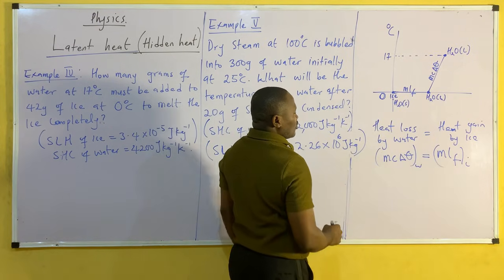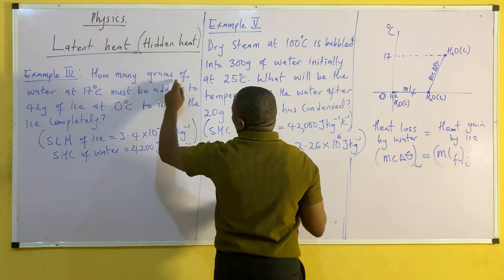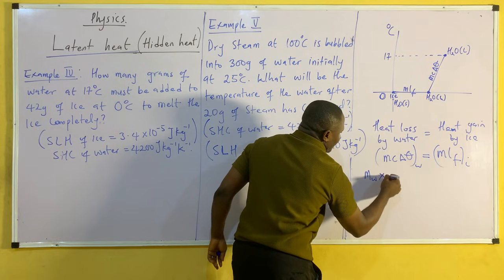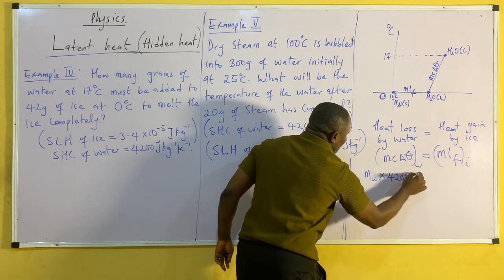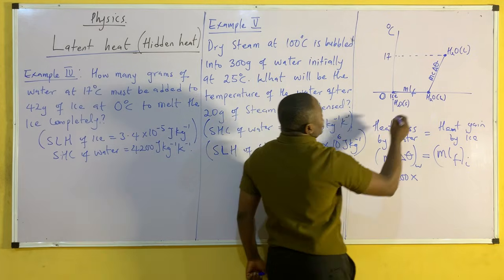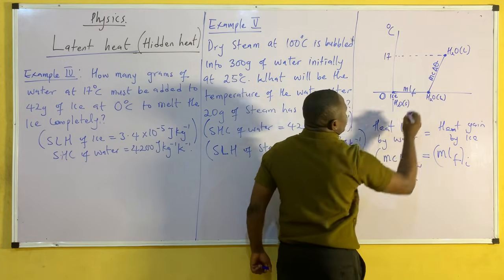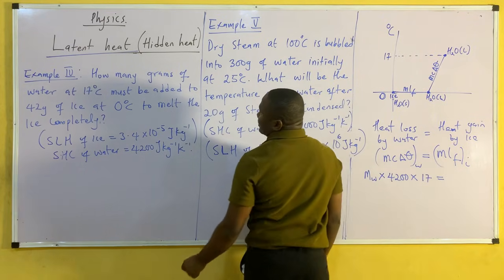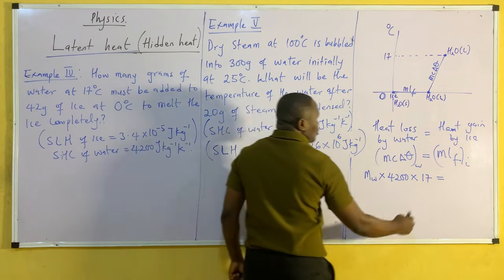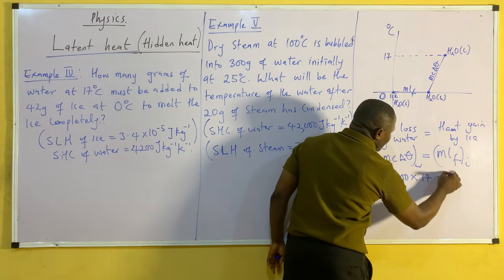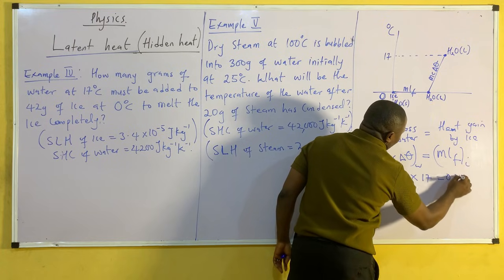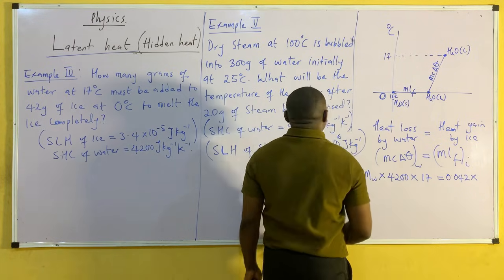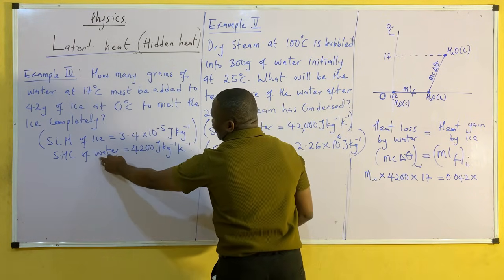So what is the mass of water? We don't know the mass of water. That's the question. How many grams of water? So I have mass of water times specific heat capacity of water, 4,200, times the change in temperature, 17 to 0, so that is 17, equals mass of ice, which is 42 grams, so 0.042 in kg, times the specific latent heat of fusion of ice.